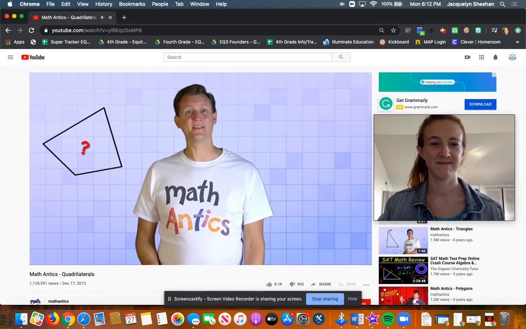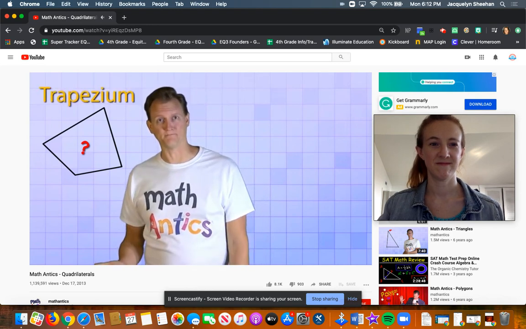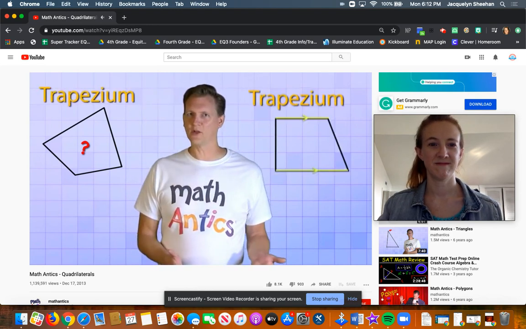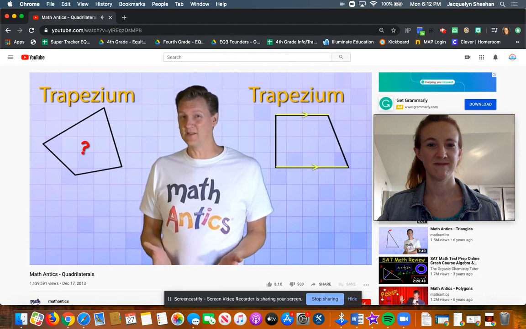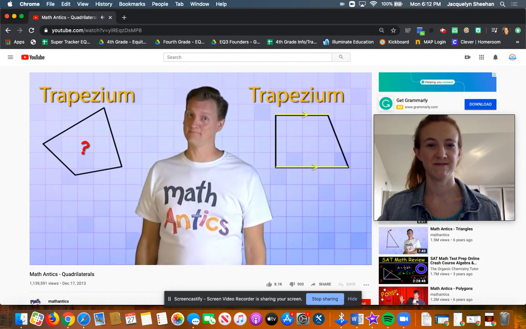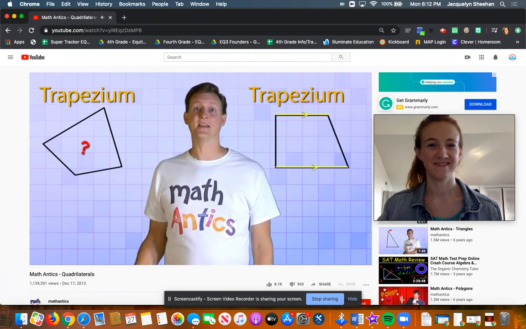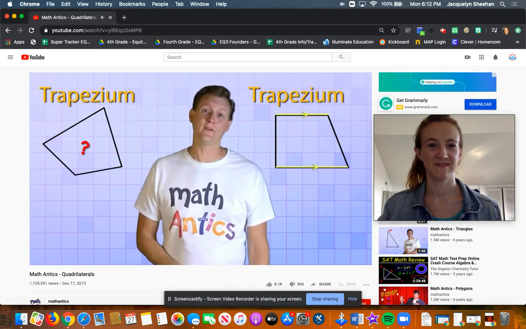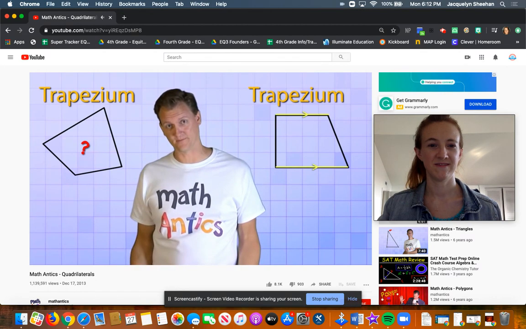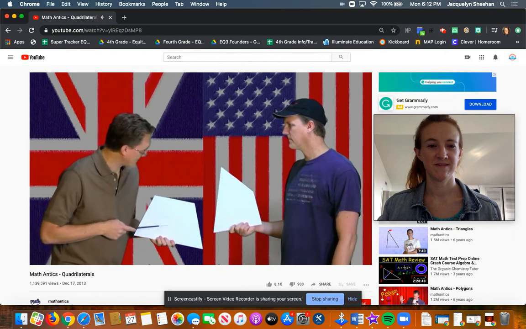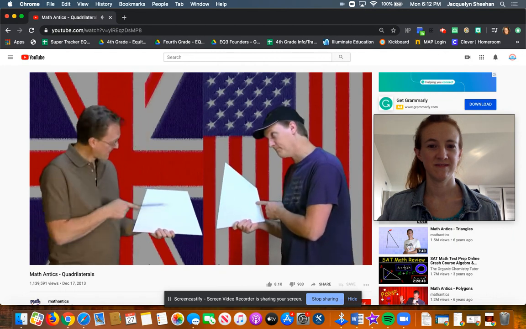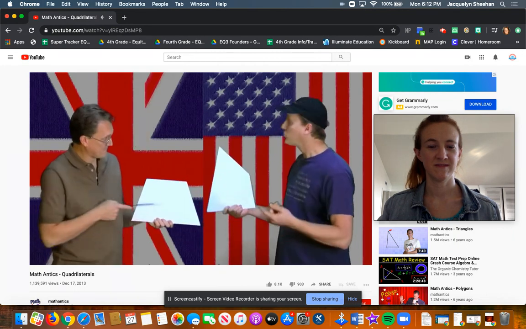In America, this is sometimes called a trapezium. But isn't that what they call a quadrilateral with only one pair of parallel sides in the UK? Yep. Unfortunately, the same word is used to describe two different things in two different countries. Trapezium. Trapezium. Trapezium.